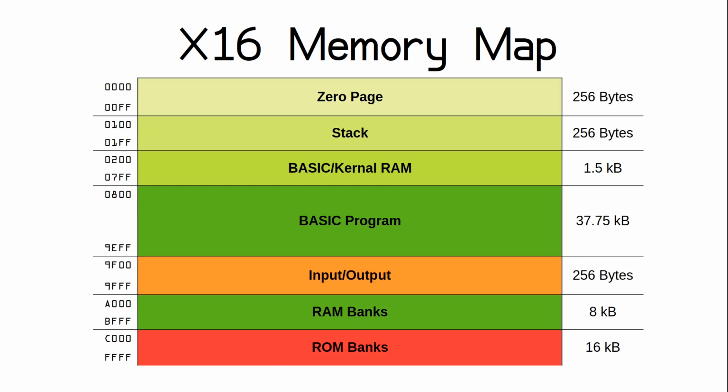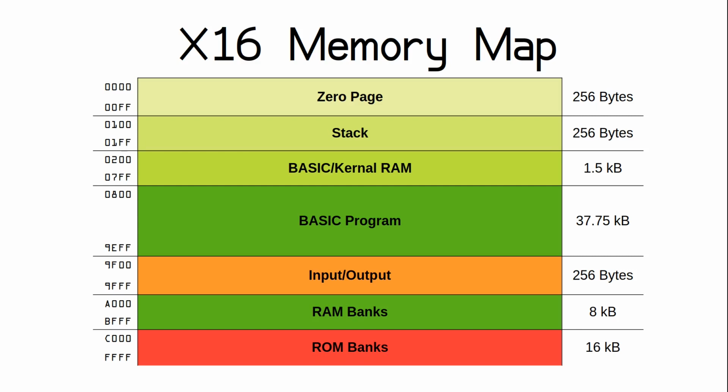You may take up 8K here or 8K there of these RAM banks to just get a little more code. And so we're going to take a look at exactly how you would do that, and even more specifically, how you would set up CC65 to allow you to do that.